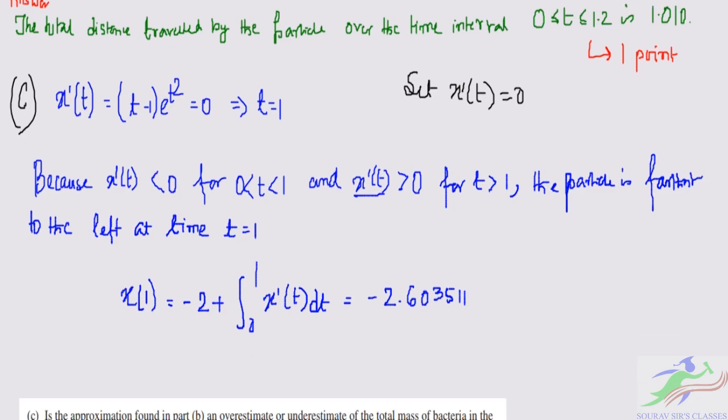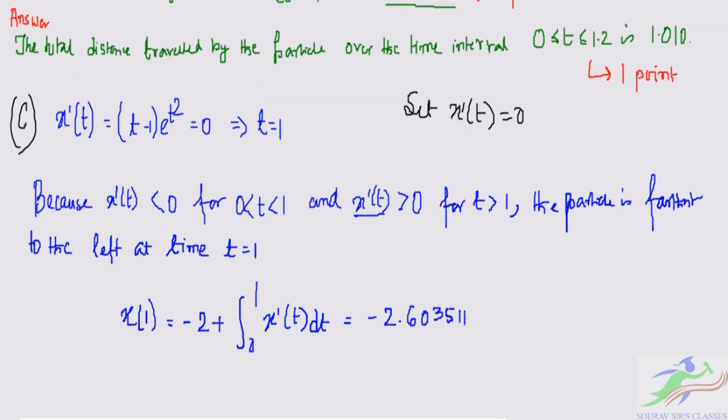And what will be y1? y1 will be 5 plus the integral from 0 to 1 of y prime t dt, which similarly is 5.41486. So this is the explanation part.